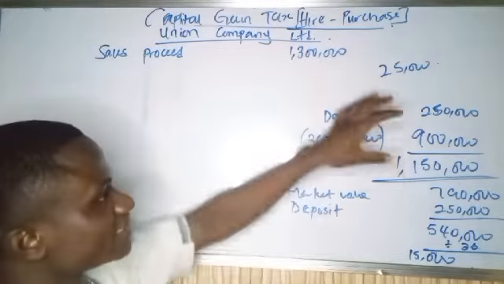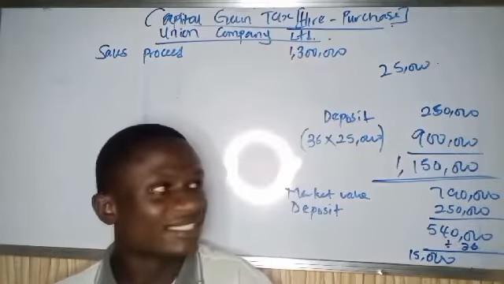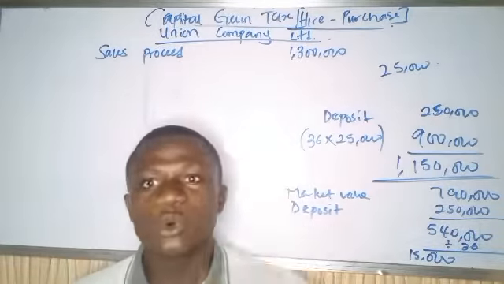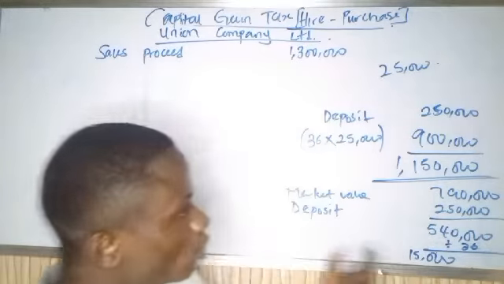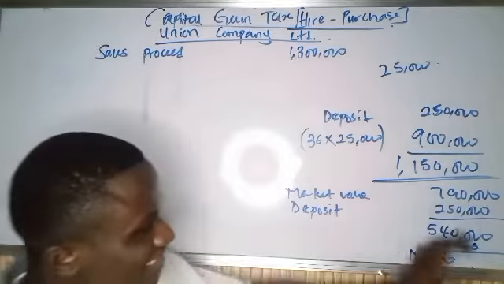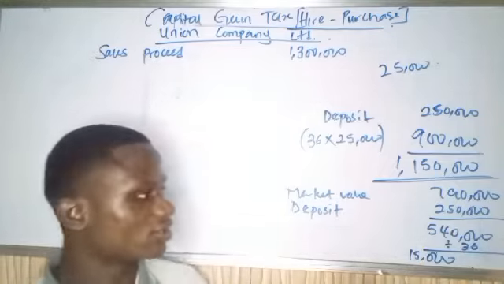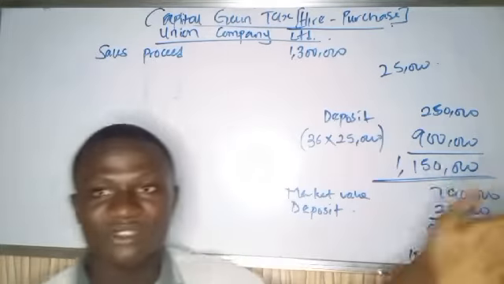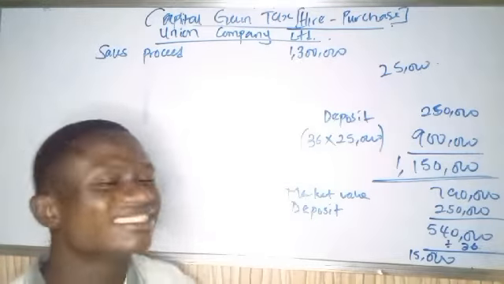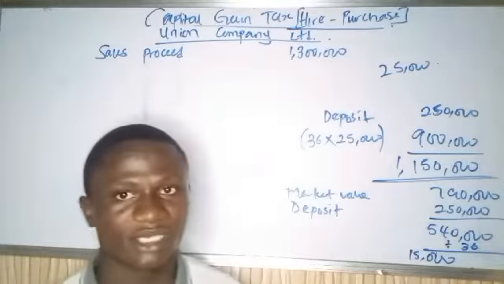The ideology behind this calculation is to get the interest that they added for him to be paying each month. So what I need to do is take the market value less the deposit to get the real amount he is meant to pay without any interest, then divide it by the number of months he has been given, so that you get the real amount he will pay to cover the real cost of the asset.